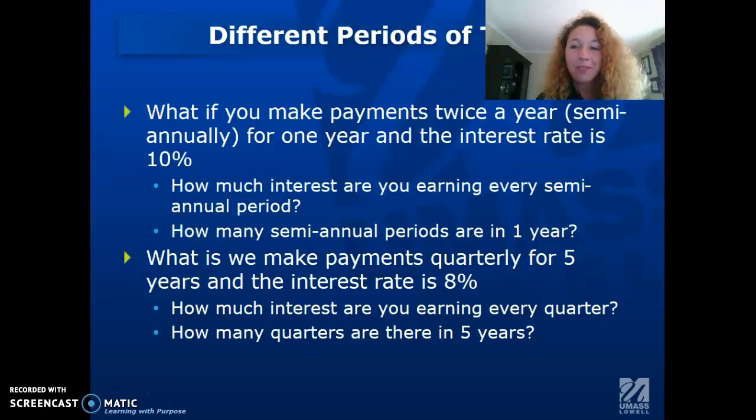Anyway. All right. So let's think about this. If I'm earning 10% for the whole year, how much interest am I earning for the half a year? Right? So hopefully this is me thinking about it. 10% for the whole year, how much am I earning for half a year? I'm earning 5%. Right? So for each semi-annual period, I'm earning 5%.